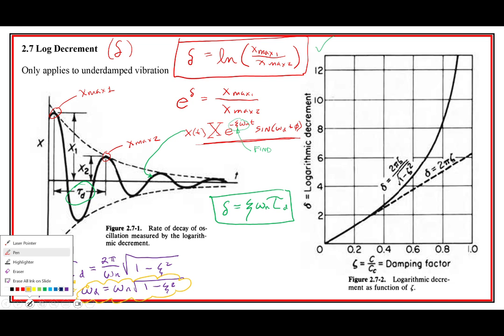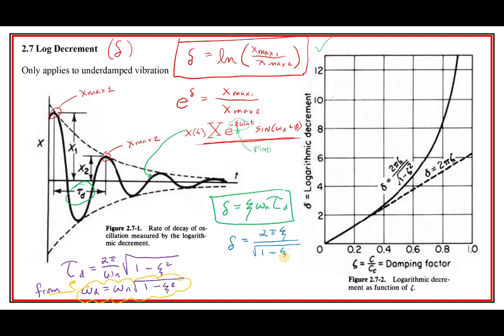And so another thing we can write in here is that del is equal to 2 pi times the damping factor divided by the square root of 1 minus the damping factor squared. So this is also a useful equation that just comes from replacing the damped period tau d with the definition of it.